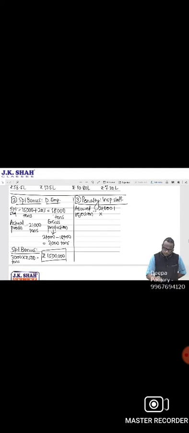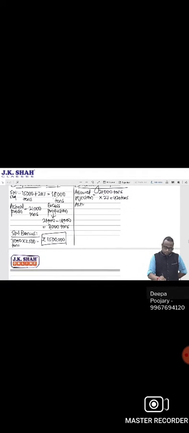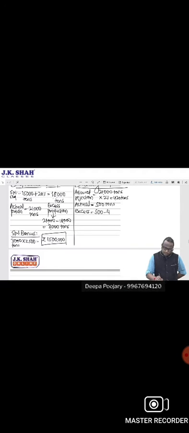So 21,000 tons into 2%, 420 tons. Actual is 500 tons. So excess is 500 minus allowed 420, 80 tons.